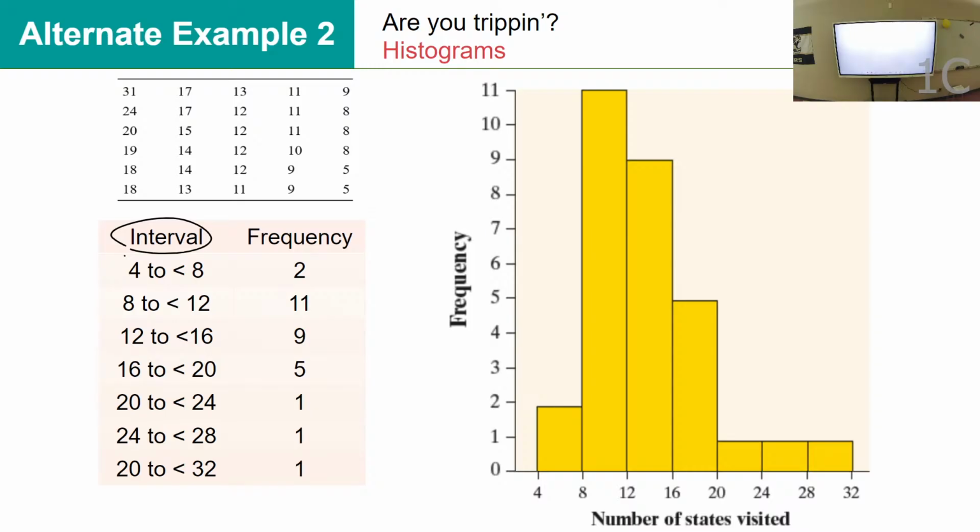If I use too few, I'm going to pancake it. So too few, pancake it. Too big, skyscraper it. You want to try to find something that makes it look good. You'd like to have 5 bars at least, but you don't want 20 bars. I mean, they got 1, 2, 3, 4, 5, 6. They got 7. I probably would have had 6 the way that I was doing it because I was getting ready to go by 5s.